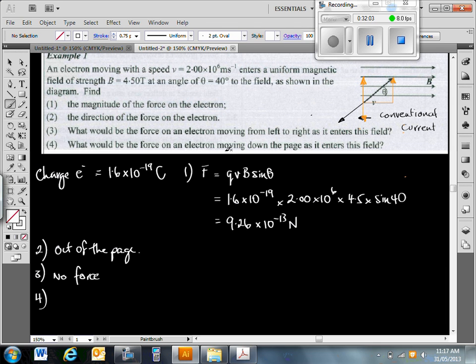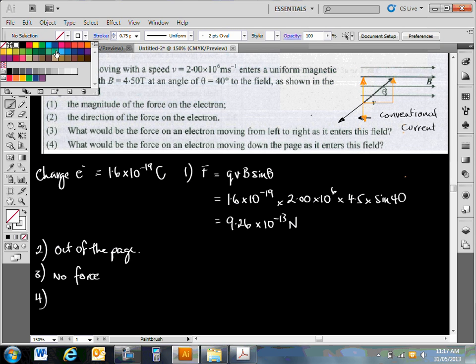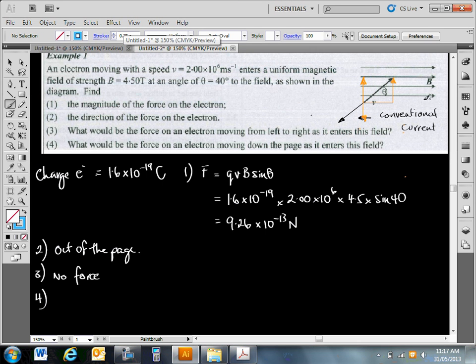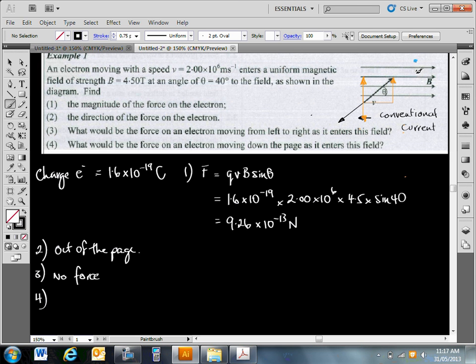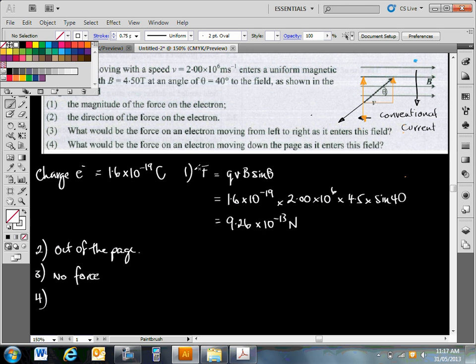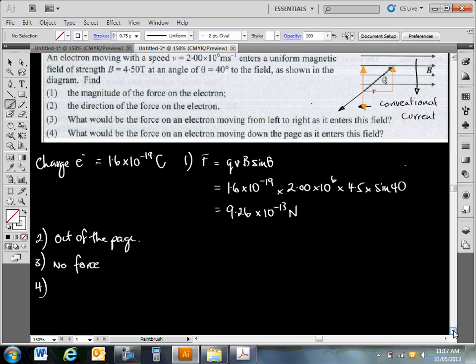4. What would be the force on an electron moving down the page as it enters this field? Okay, so straight down the page. They want you to actually do a calculation for that. So let's draw that in. Here's an electron, and all of a sudden we've fired a beam down the page. What's the force it experiences? What angle has it to the magnetic field?